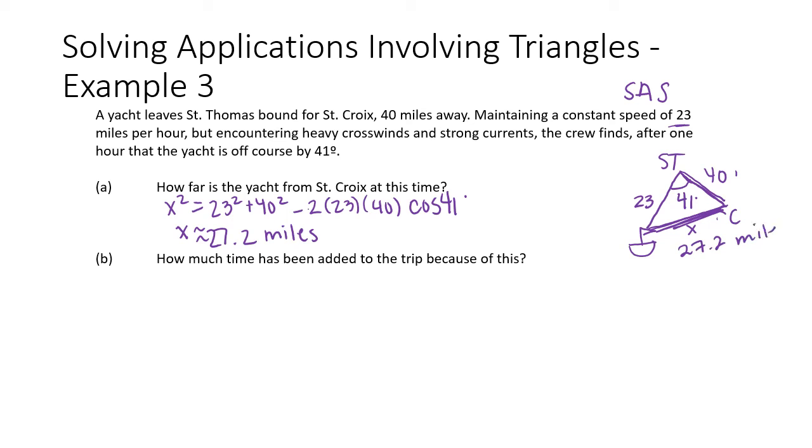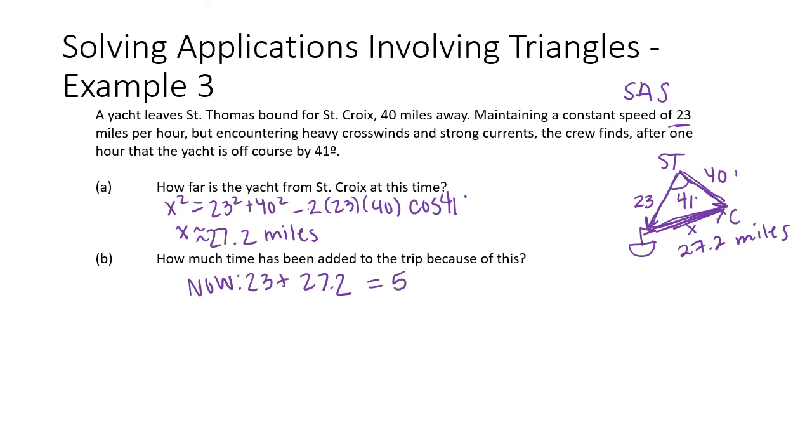So this is 27.2 miles. How much time has been added to their trip because of this? Well, now they've gone 23 miles in the wrong direction, and they're going to have to go 27.2 miles in this direction. So they have to go 23 plus 27.2.